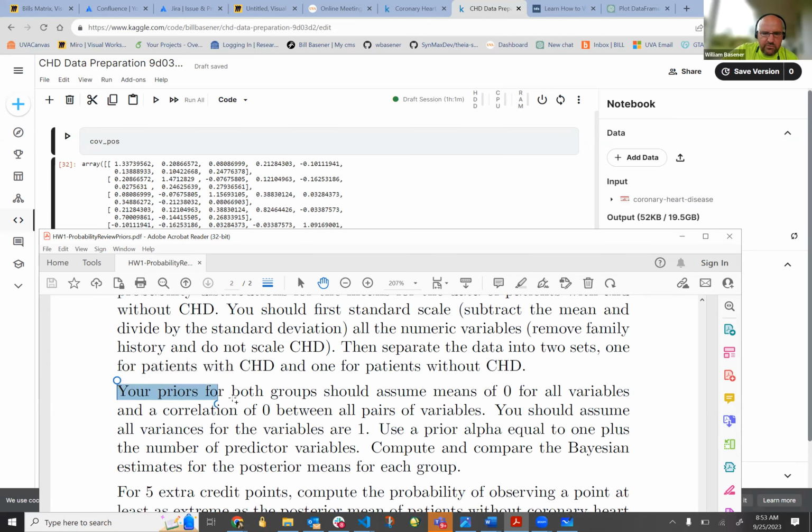Your priors for both groups should assume a mean of 0 for all variables and a correlation of 0 between variables. There's going to be some standard ways to work with this. And you should assume all variances are equal to 1.